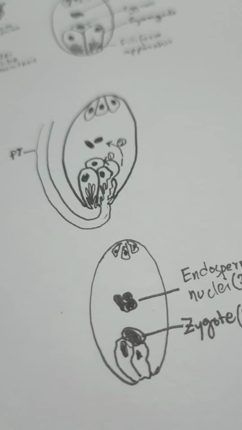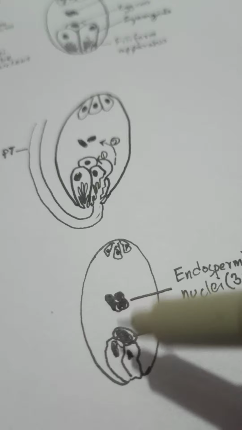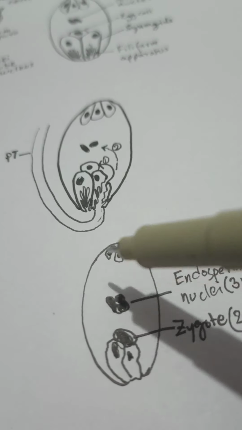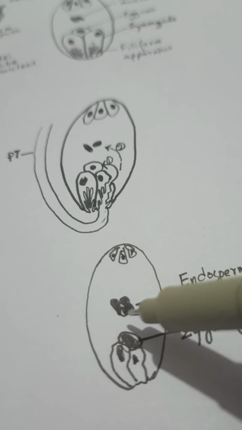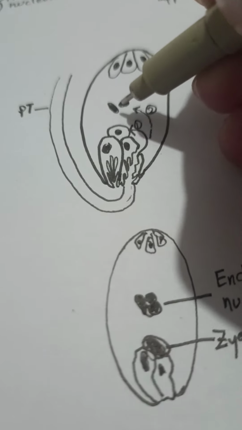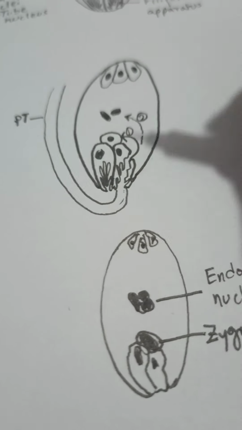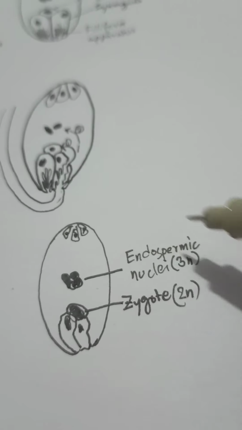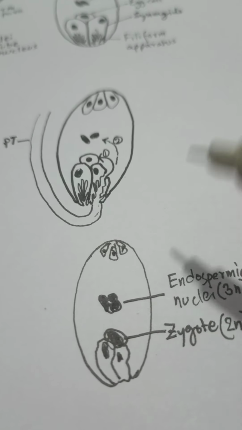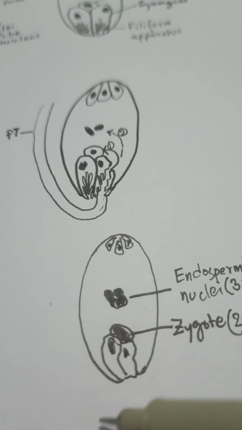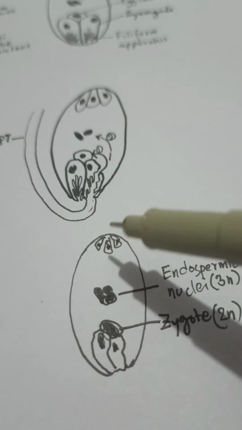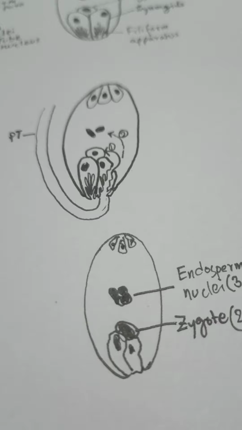Even the synergids will stay for a short time, then changes will happen to them also. But these three nuclei, one sperm nucleus and two polar nuclei, are going to fuse together, forming the endospermic nucleus, which will become the endosperm. The central cell will become the endosperm, which will be the primary nourishment for the embryo to develop, because the zygote will eventually transform into the embryo.